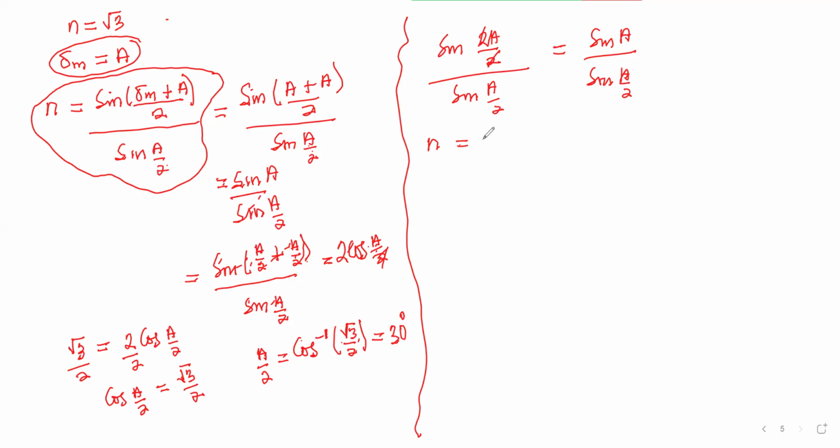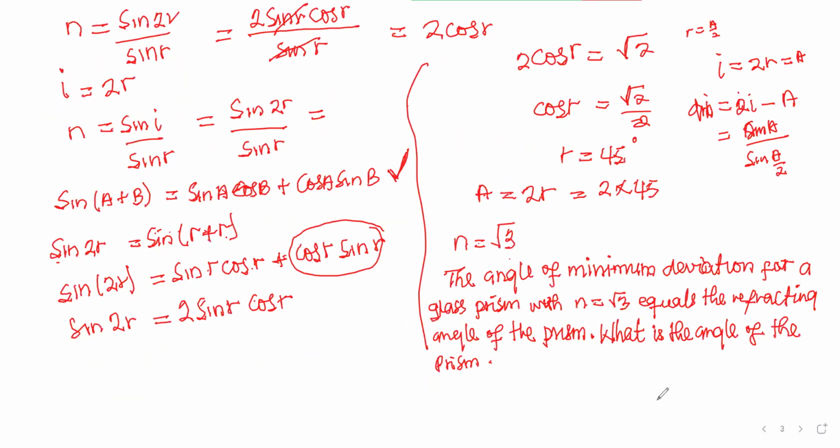So if I have sine A, then this is also the same as sine of half of A plus half of A, divided by sine of A over 2. And I'm doing this so as to help me use the identity I taught you, sine of A plus B is equal to this. This is what we use to expand.